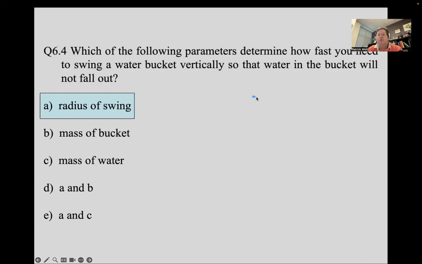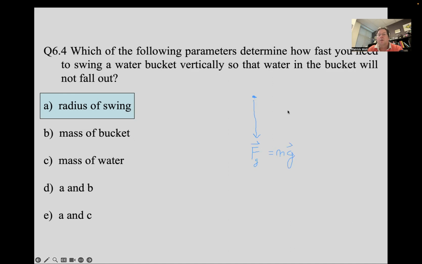If it is going just fast enough to not fall out, then we have a force of gravity acting down, as a vector. And that's all we're going to have in our sum of forces is mg.